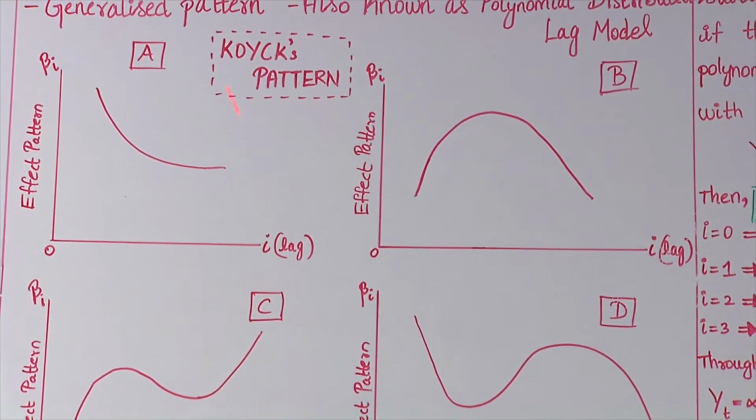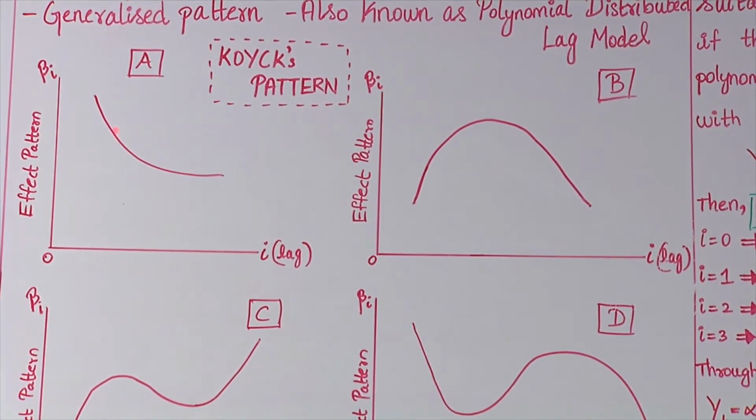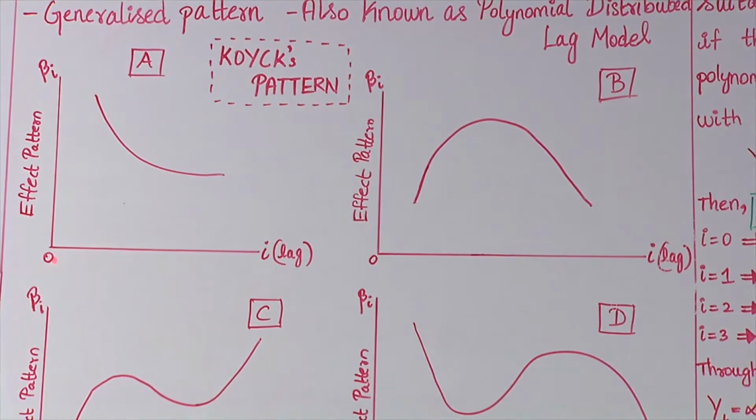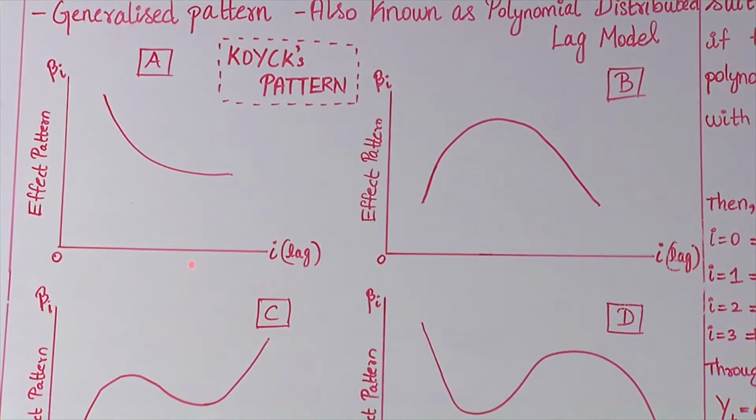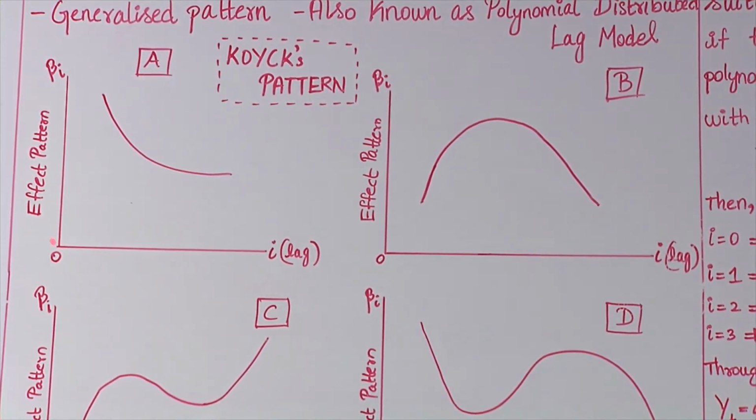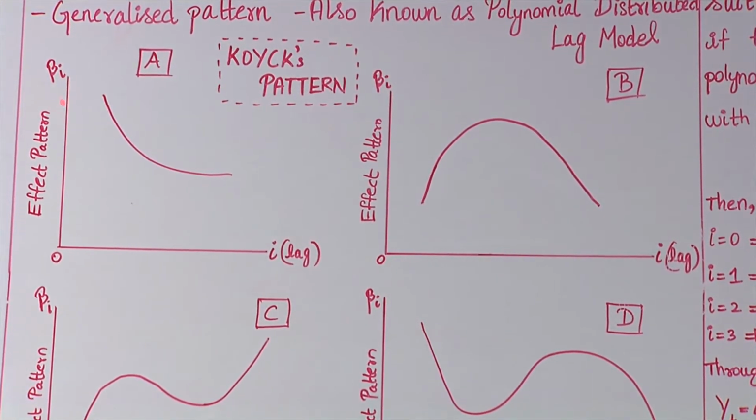Let us take this first figure. In this figure, you have the x-axis as the lag time and the y-axis as the effect pattern, measured as the magnitude of the coefficients of the lags. This coefficient magnitude is declining uniformly at an exponential rate.